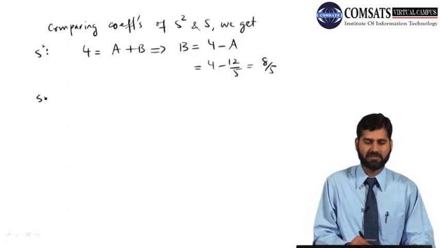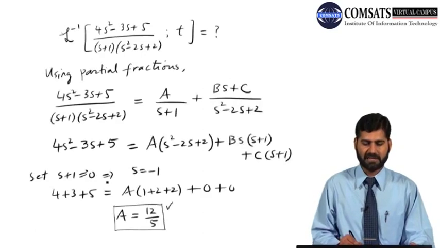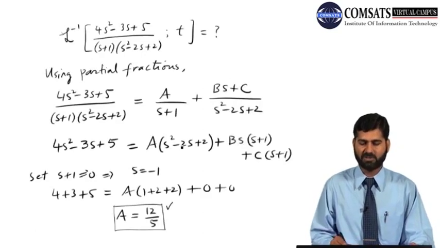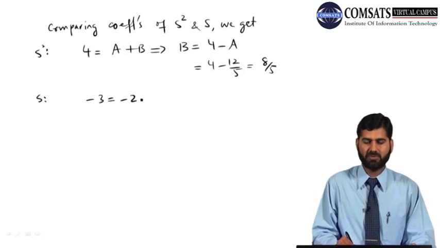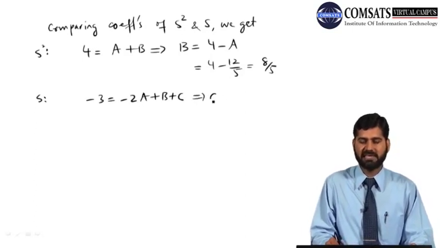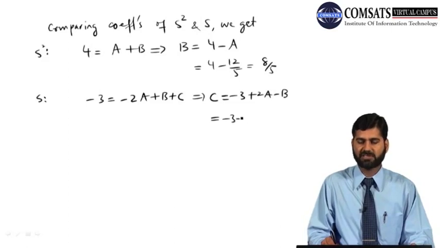And if I compare the coefficients of s, I will get minus 3 equal to minus 2A plus B plus C. Minus 2A plus B plus C. So from here your C is equal to minus 3 plus 2A minus B. So that is negative 3 plus 2A means 24 by 5 and minus B means 8 by 5.